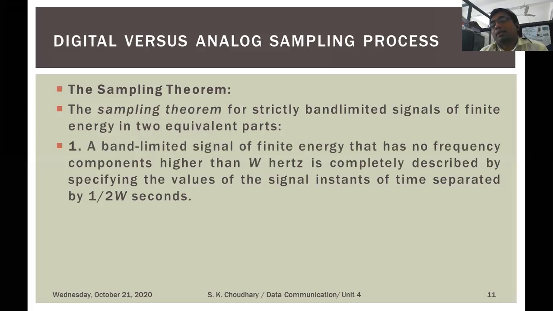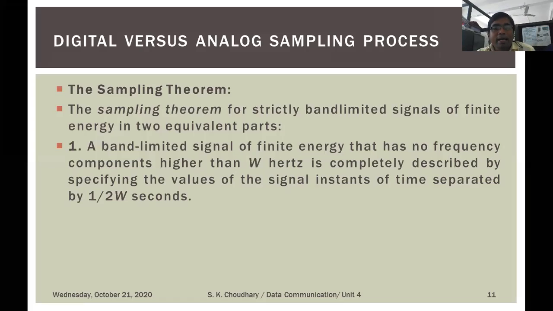The first one: a band limited signal of finite energy that has no frequency component higher than W hertz is completely described by specifying the values of the signal at instants of time separated by 1/2W seconds.